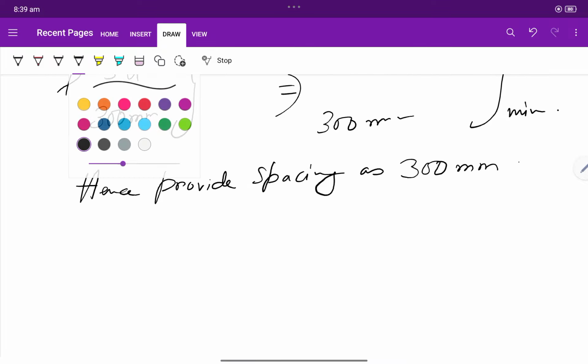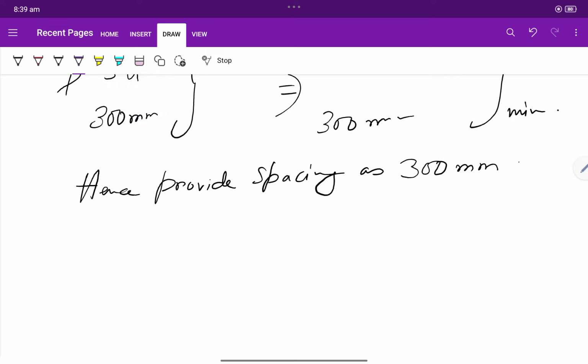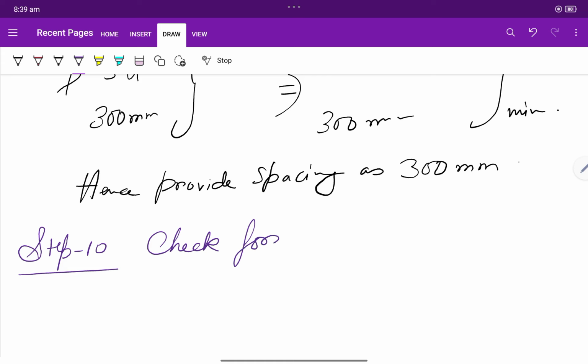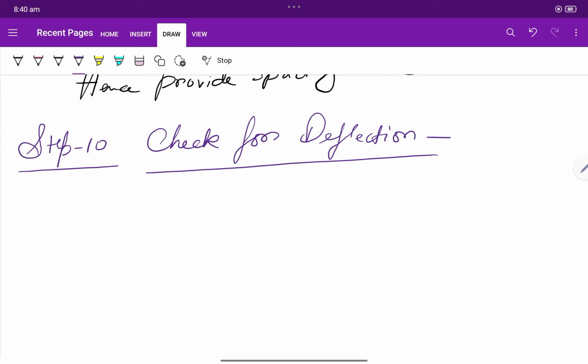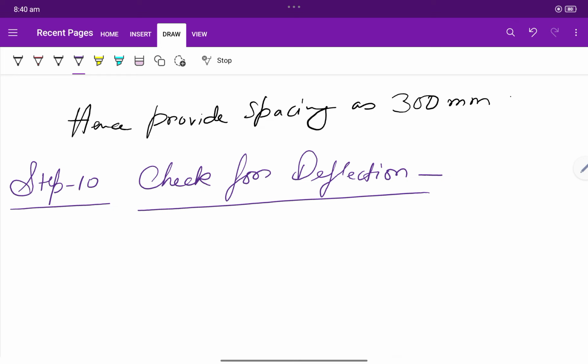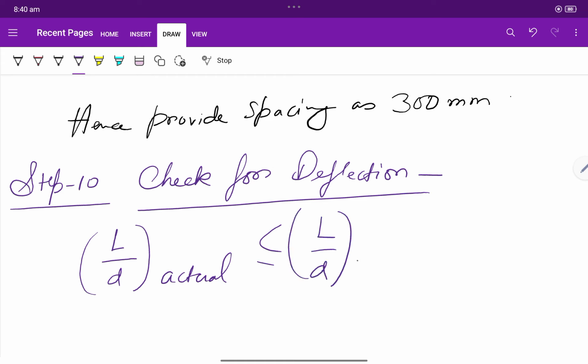Now we will check for the deflection. Step 10, check for deflection. L by D actual should be less than or equal to L by D permissible.